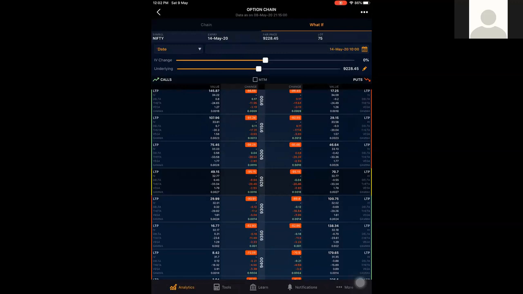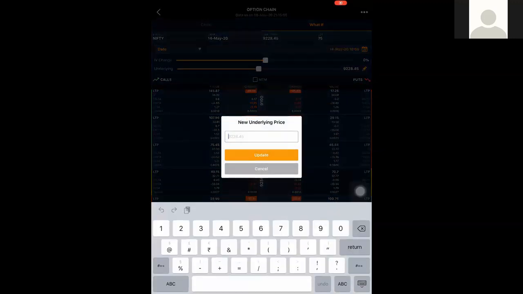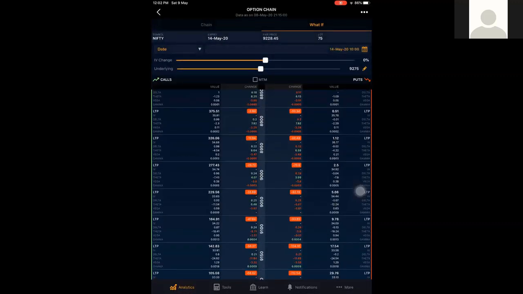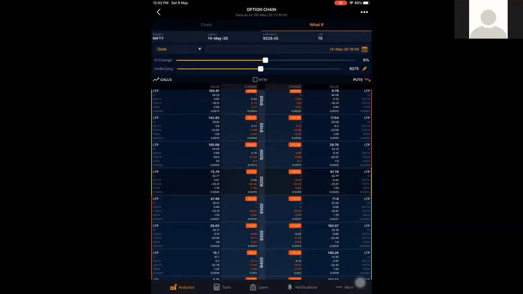So the 127 premium has become 119. Now say the underlying also goes higher, moves to 9275. When it becomes 9275, the 9250 call is 72, put is 48. So 72 plus 48 is 120. So still it is down.